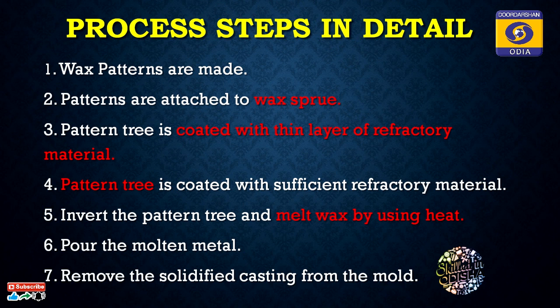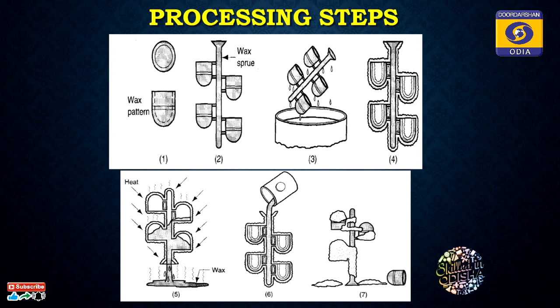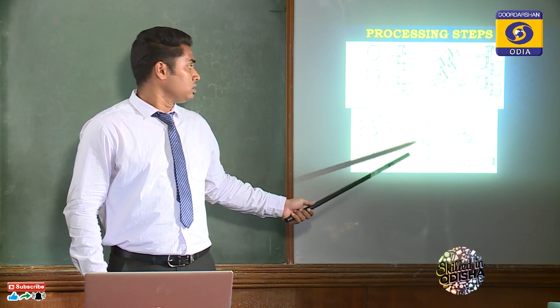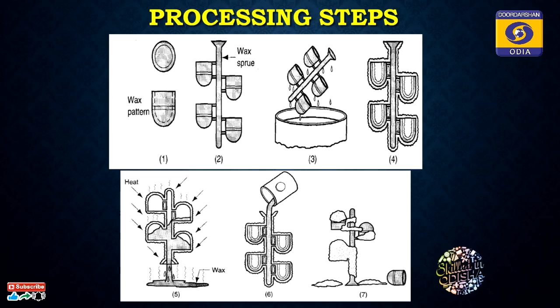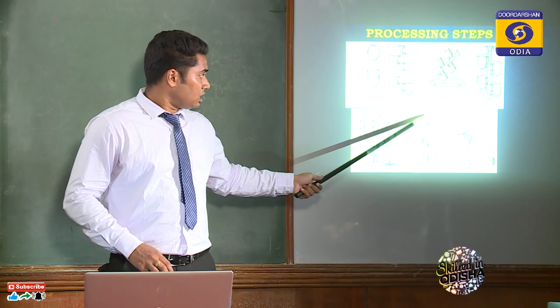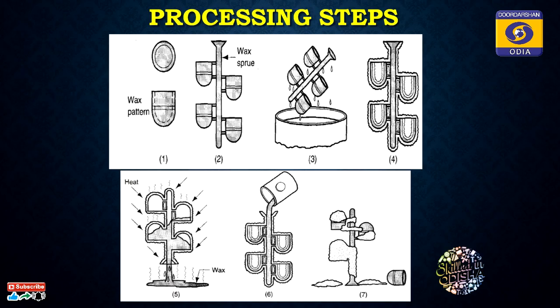Sixth step is pour the molten metal. See the sixth figure. After melting of the wax and settling it down, now it is again inverted and the molten liquid metal pouring is done. You can see this is the molten liquid metal, and molten metal pouring is done through this cavity.